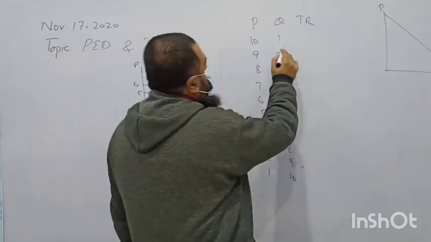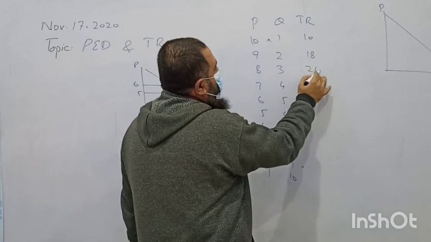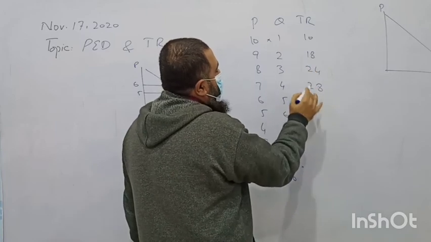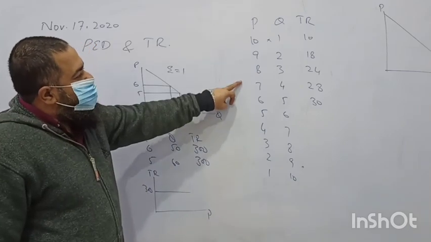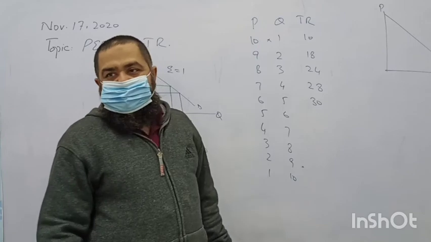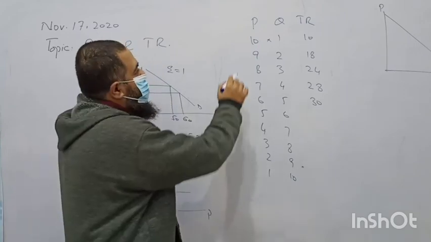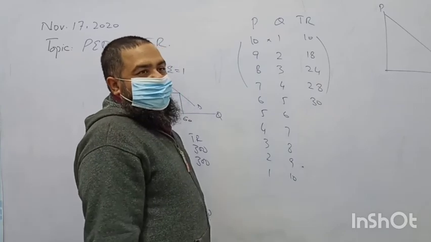So what is the revenue? 10, 18, 24, 28 and then 30. What is happening? As price is falling, revenue is increasing. Is it the case? When price is falling, total revenue is increasing.